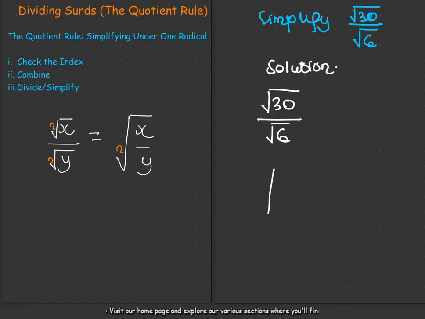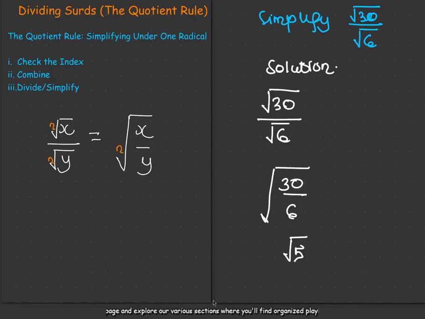So we draw a bigger one, then write 30 over 6. This is all the rule is saying. Then you can evaluate your 30 over 6. 30 divided by 6 gives us 5. So you are going to get root 5. As simple as that.